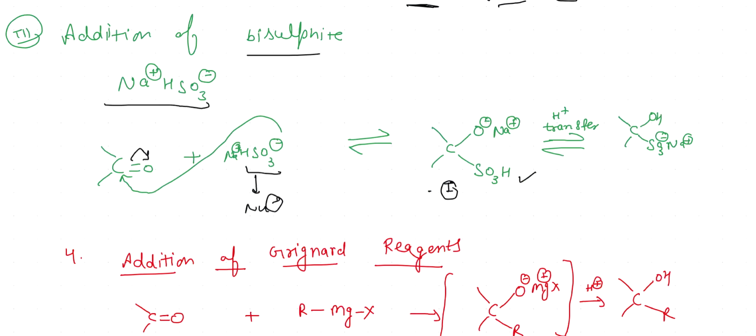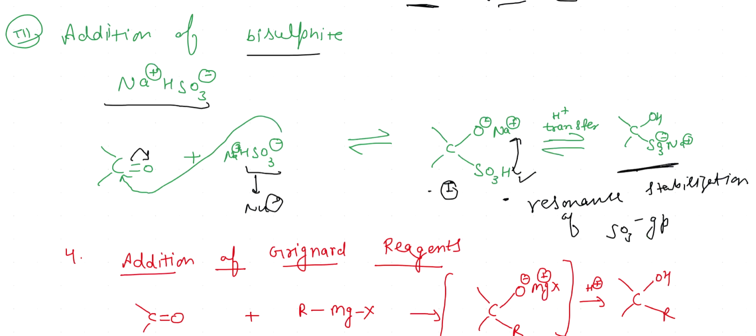So the driving force for the proton transfer from this to this is the resonance stabilization of the SO3 negative group. That's why proton transfer takes place. So this is your final product here. So this is your acetone sodium bisulfite addition product.